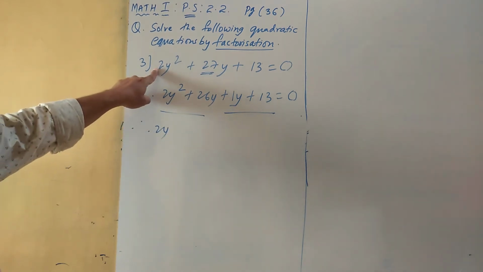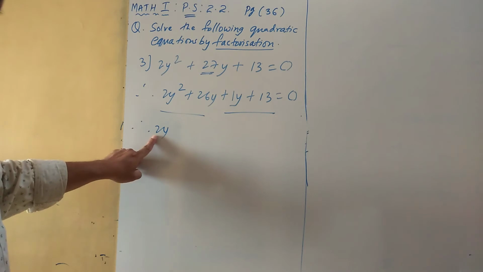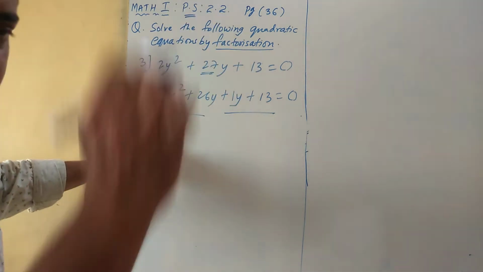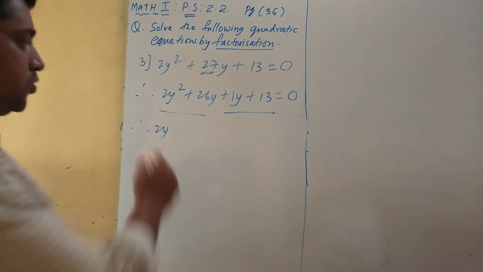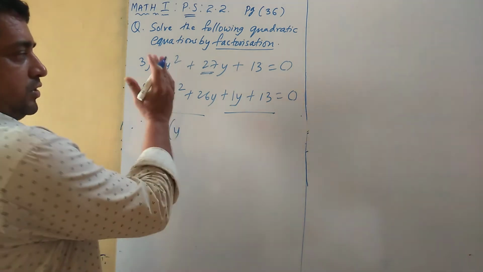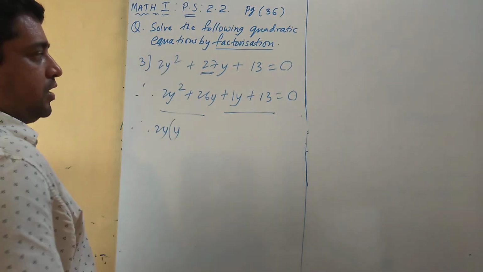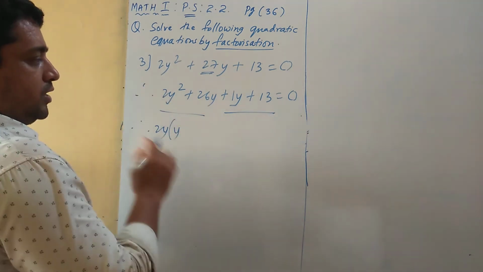Is it clear? So pay extra attention here. When the coefficient is more than 1, when you are taking common, you have to be careful. Directly don't write y alone, because then the sum will go completely wrong. So 2y in the bracket, what is remaining? y will remain in the first term of your binomial now. So 2y into y, 2y square.